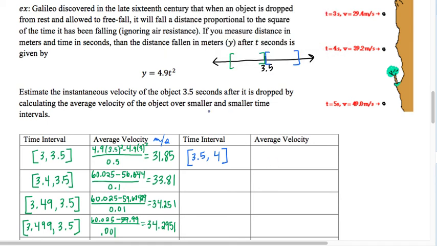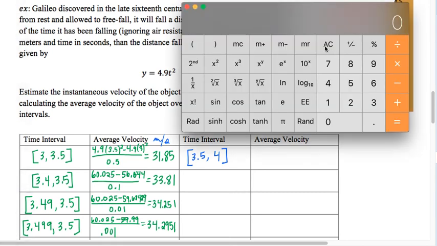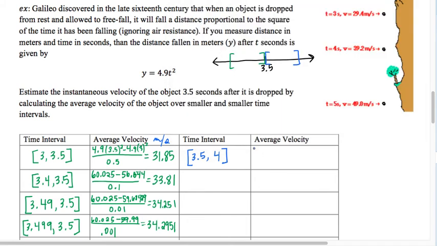So we'll want to plug in 4 first. So 4 squared is 16 times 4.9. We'll get 78.4. That's plugging in 4 in there. Minus, now let's plug in 3.5.